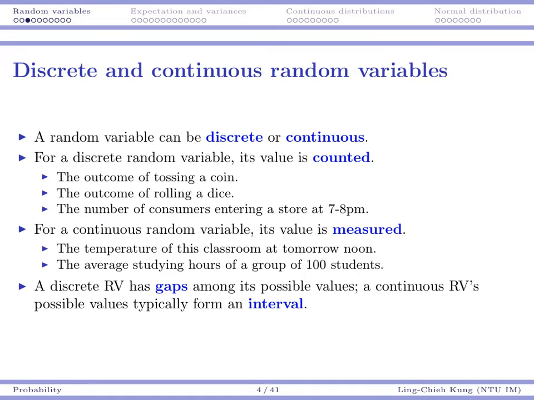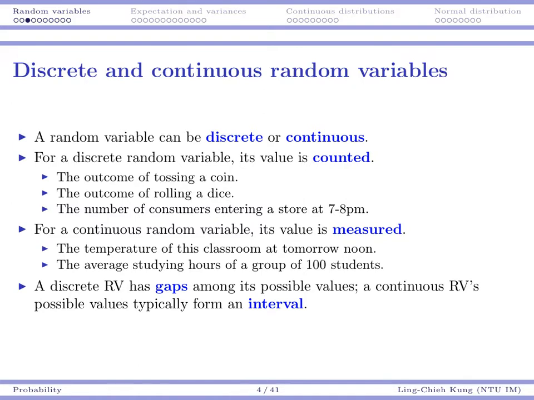It doesn't really matter whether I restrict each of their studying hours to be integers. Even in that case, I can count each student's studying hours. But when I take the average, that's going to be a tiny fractional number. And in that case, we say we can only measure that value.